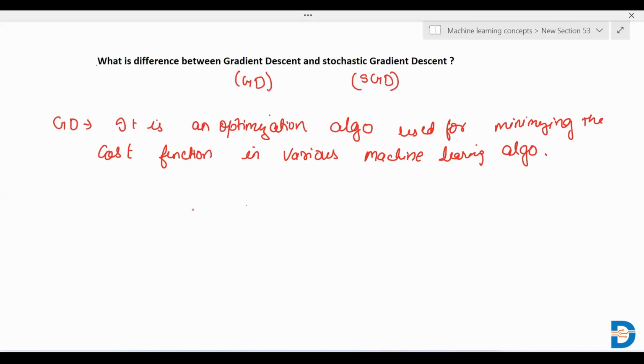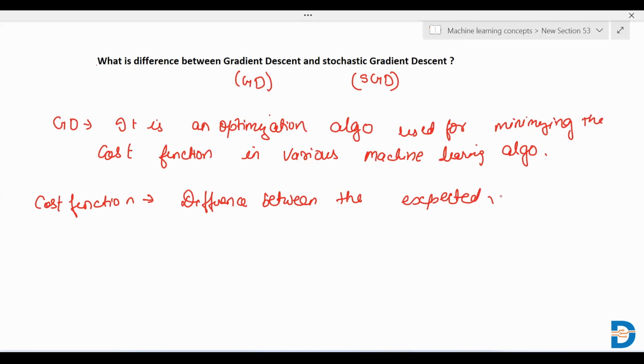So let's first understand what the cost function actually is. The cost function is the difference between the expected value and the predicted value.